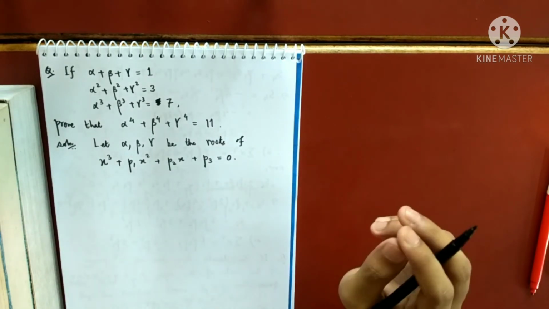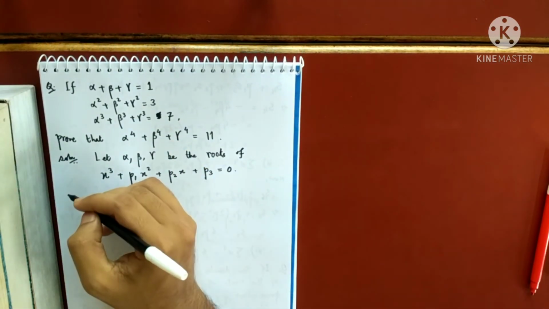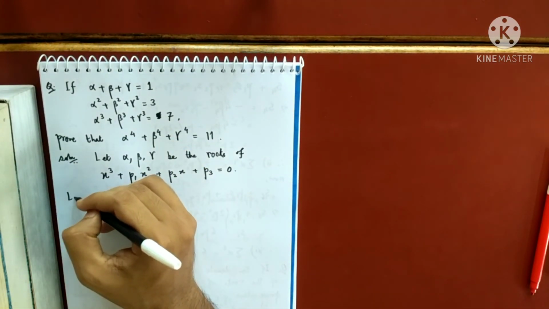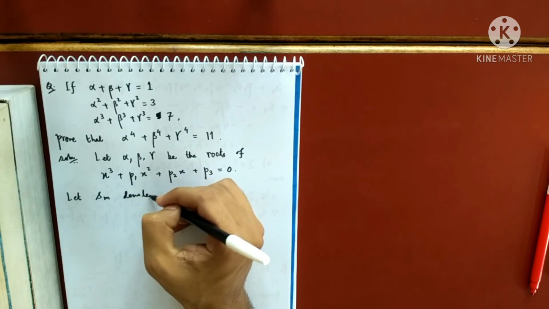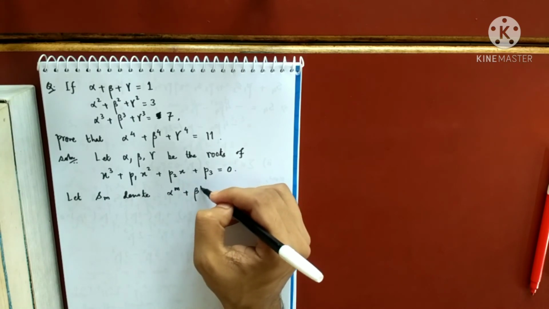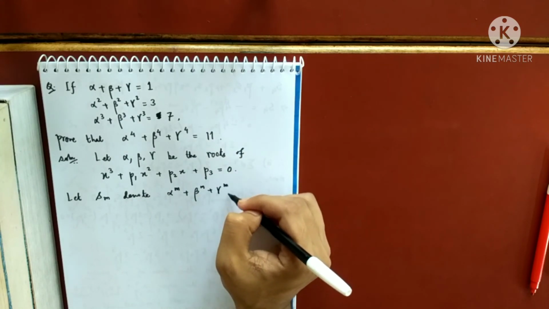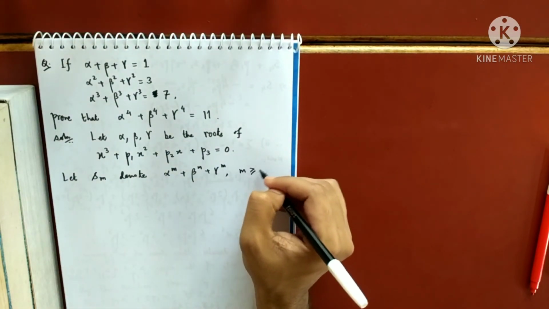If I can find P1, P2, P3, I can actually find this. You see, let Sm denote alpha to the power m plus beta to the power m plus gamma to the power m, wherever m is greater than or equal to 1.